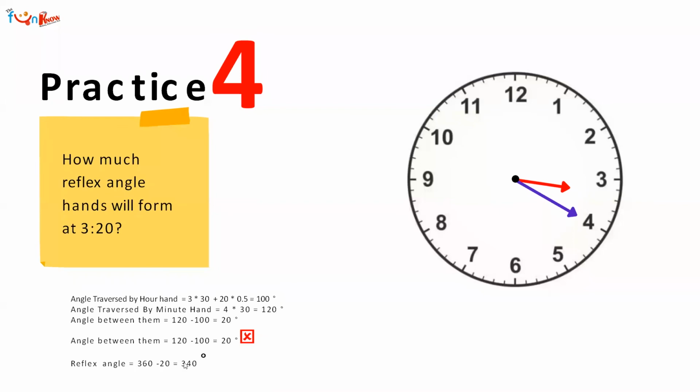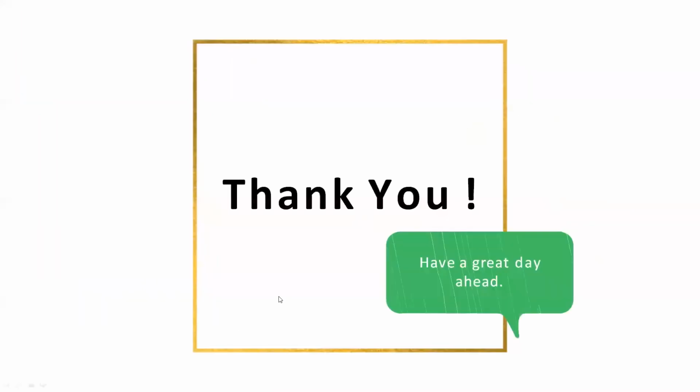The correct answer would be 360 minus 20, because you know this angle is 20. So this whole angle, which is the reflex angle, is going to be 360, because you remember the total angles in a circle is 360. So 360 minus 20 is 340 degrees.